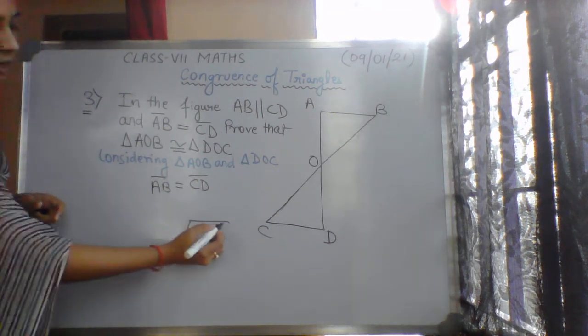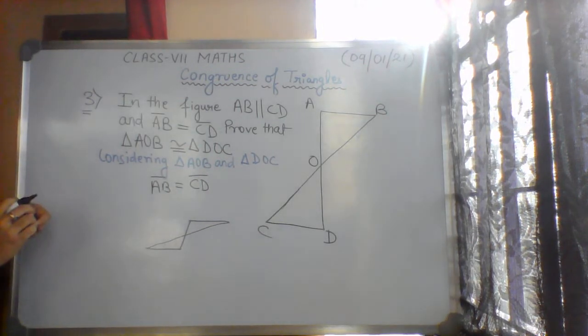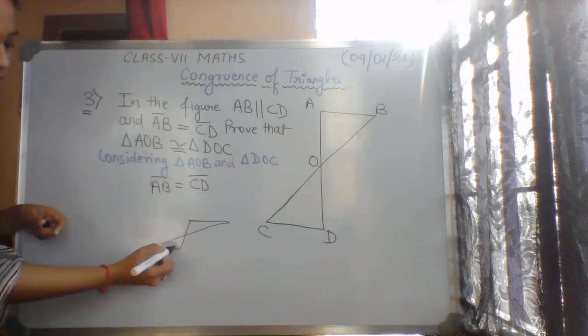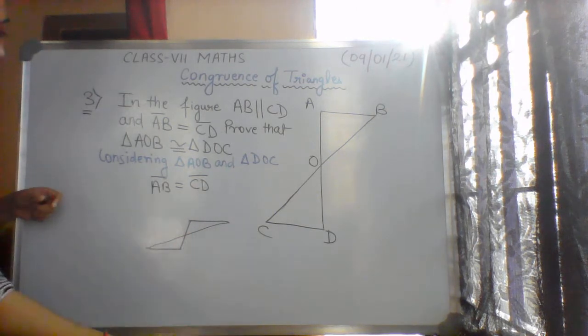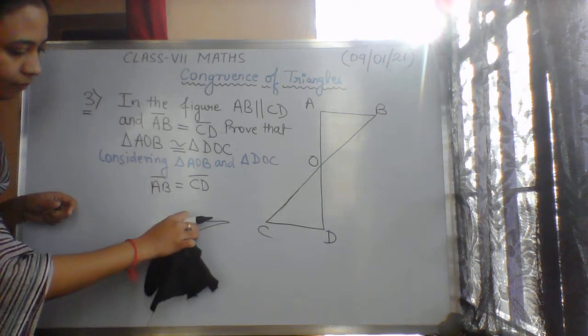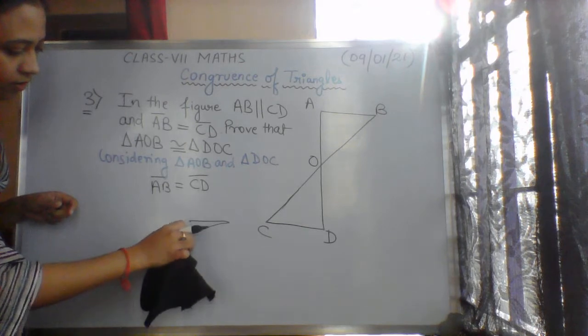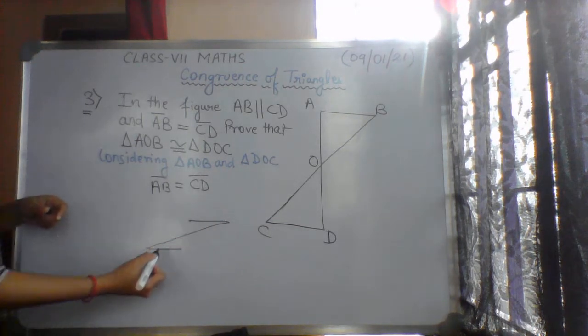It is again joined by another line over here. So these two parallel lines we can use, and this as a transversal. Similarly, if you erase this line also, these two are parallel lines and this is a transversal.